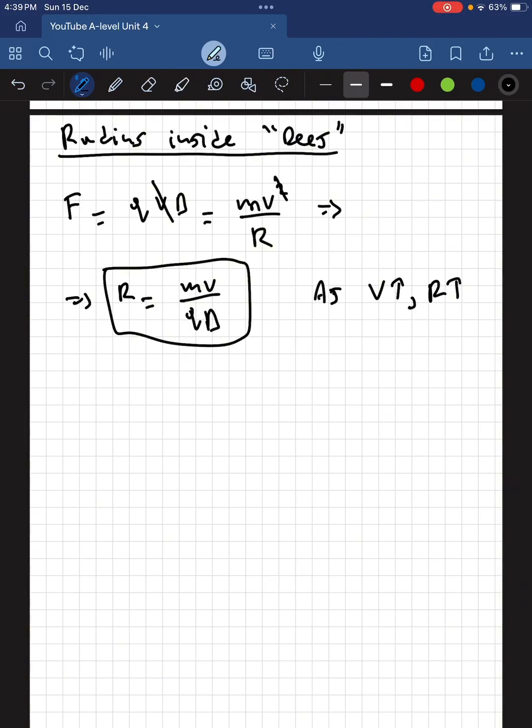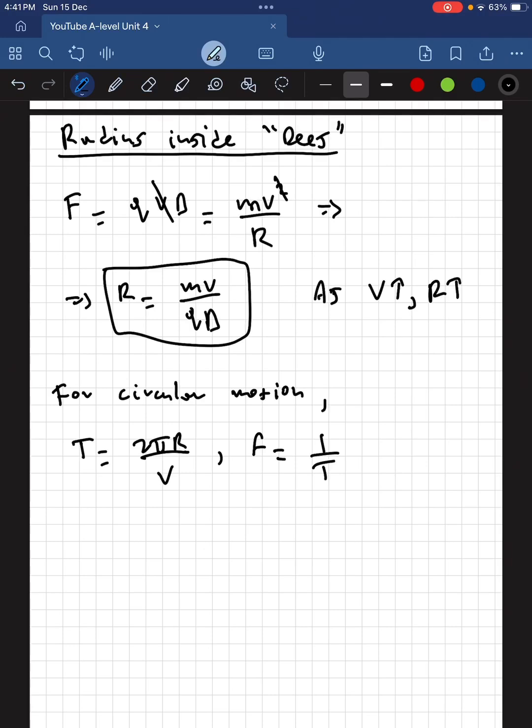Now let's go talk about something important for the frequency of revolution of these particles. So we know that for circular motion, the period of one revolution is 2 pi times the radius over v. Also, the frequency is 1 over the period.